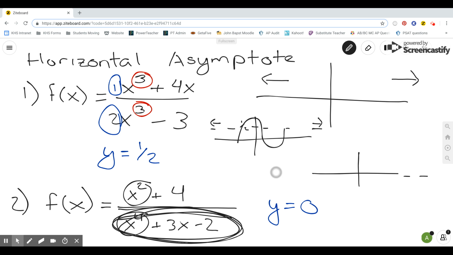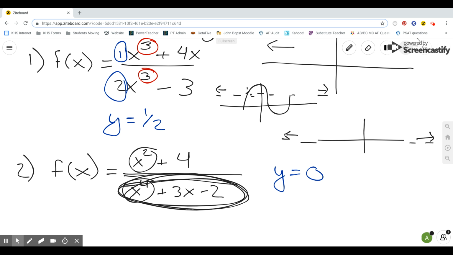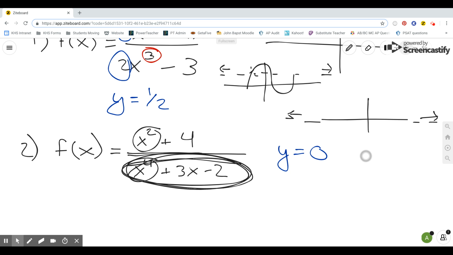You could put a little dotted line after your axes end, showing that you are going to follow that when x gets very, very large. So those are our first two cases, and those are the easier ones to identify. You're looking at exponents. If they're the same exponents for your leading terms, you take the coefficients out front. If the exponent is larger in the denominator, your horizontal asymptote is y equals 0.